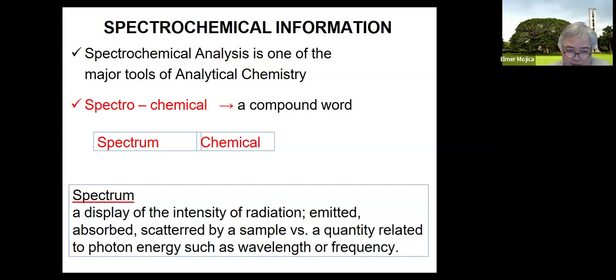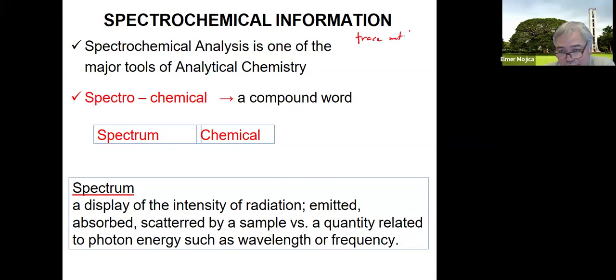So trace metals are most frequently determined by what? AAS, or atomic absorption, that will be one of the main topics that we have.